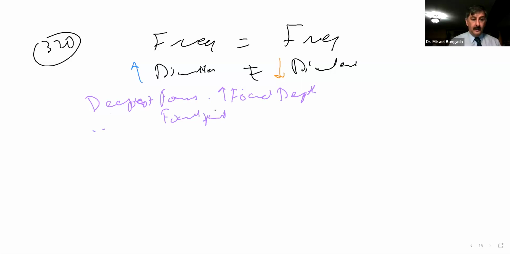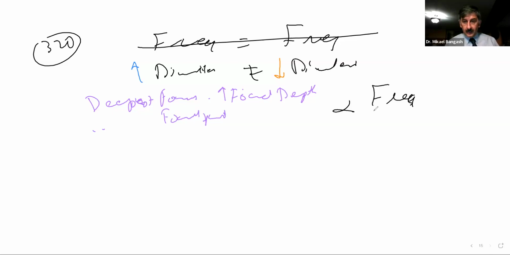All these are directly related to frequency, which in this case was the same, and directly related to the diameter of your transducer.